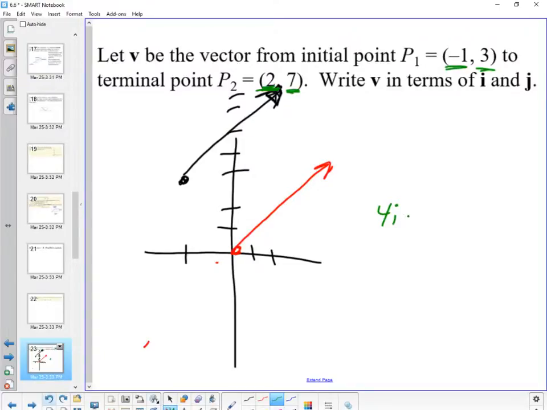Yeah, wait. Oh, David, I did it backwards. My bad. You're right. I'm so used to doing slope, where you do y's first and then the x's. So this should be, you're right, it should be 3i plus 4j, correct? Yes. So our vector, sorry, did I do that right? There it is. Okay?